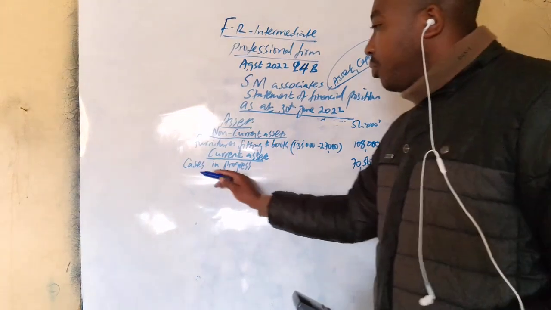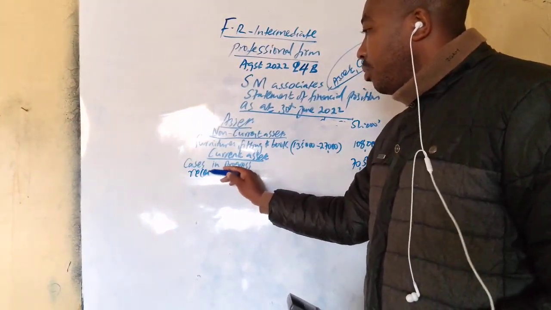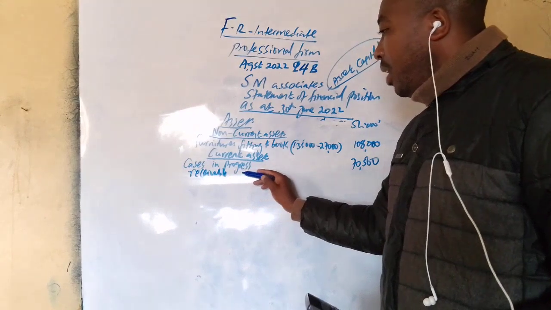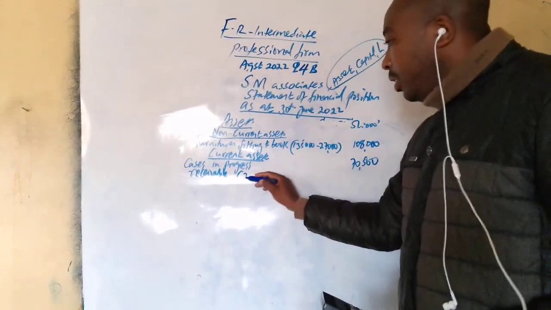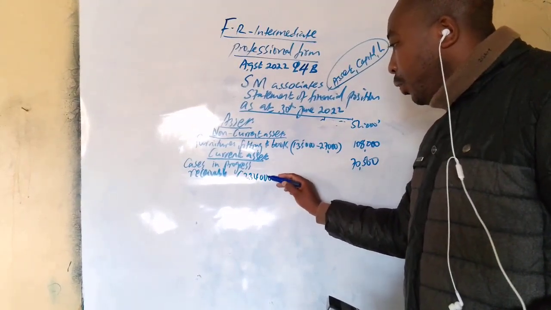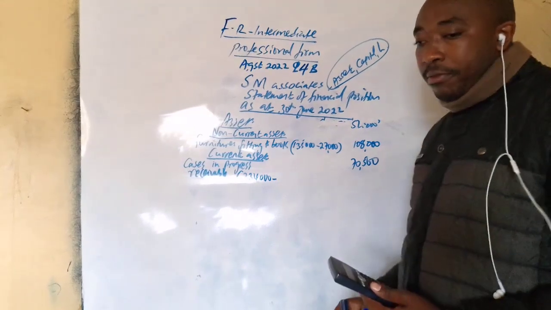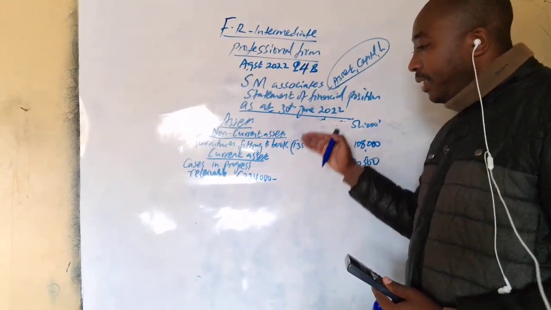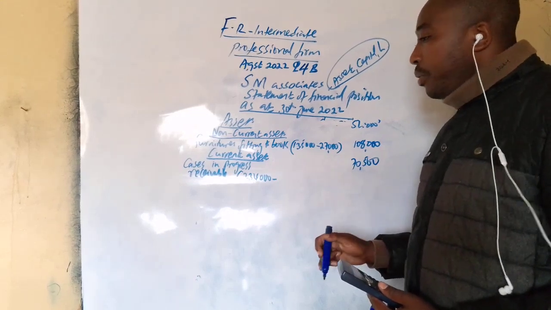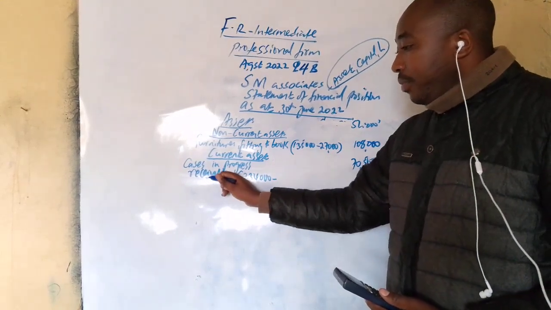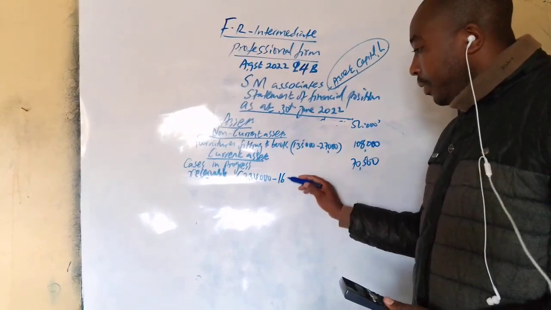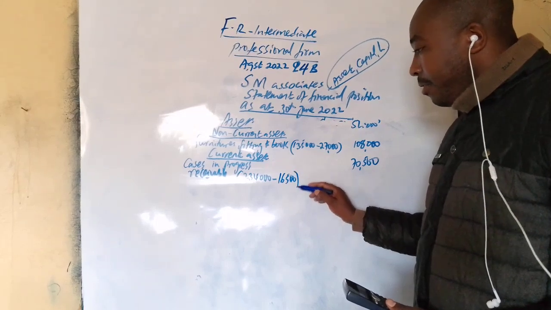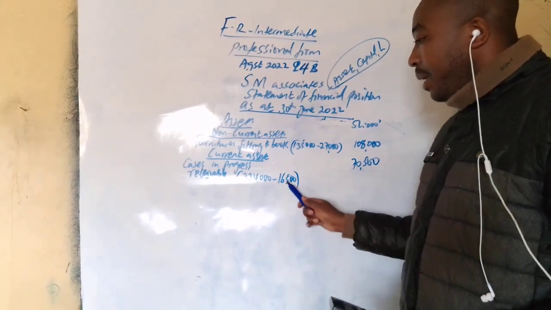Then we have receivables. We have receivables of 234,000. We deduct the bad debt written off. Because these are the debtors who have either been declared bankrupt, some of them have died, and therefore we have no hope of recovering this money.